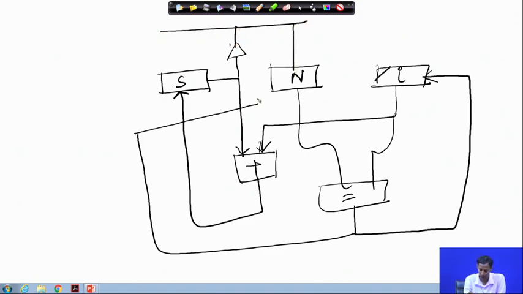Whenever this signal says that, as this is running in a loop, unless and until these two values are the same, the computation will not be over. Okay. So, the loop will break and it will produce the result at the output bus, that is, the loop has done its job.